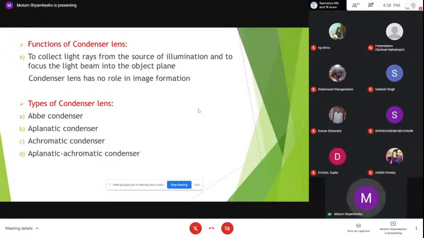They have more lens elements, which may be up to five individual elements. These aplanatic condensers are capable of producing excellent images in black and white photomicrography using green light illumination.